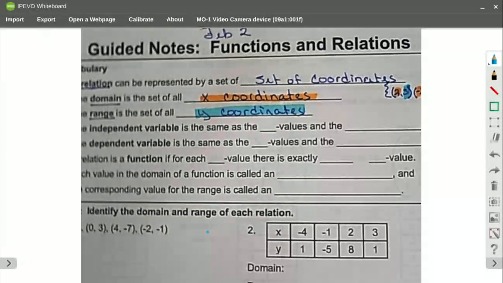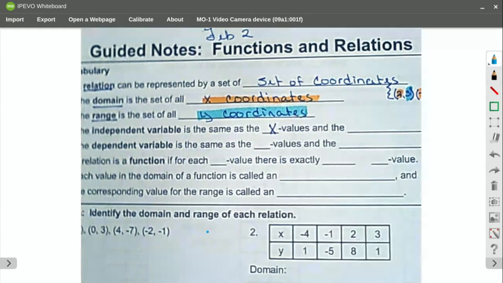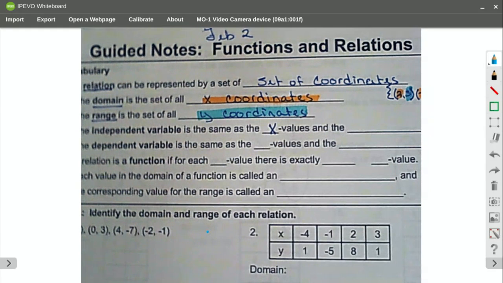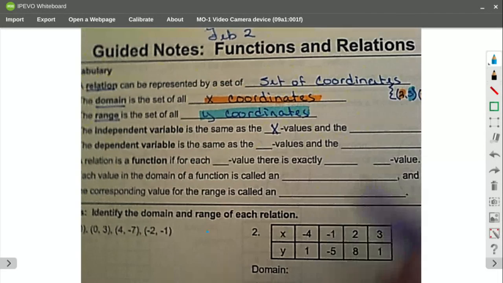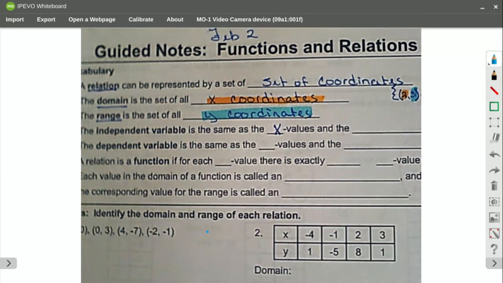Another word we have for the x coordinate is independent. Remember, we talked today about y being a function of x. Another way of saying that is y is going to be dependent on x.